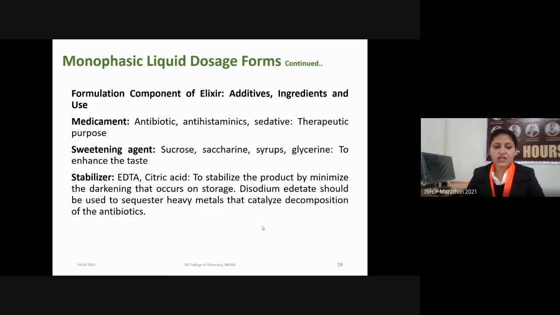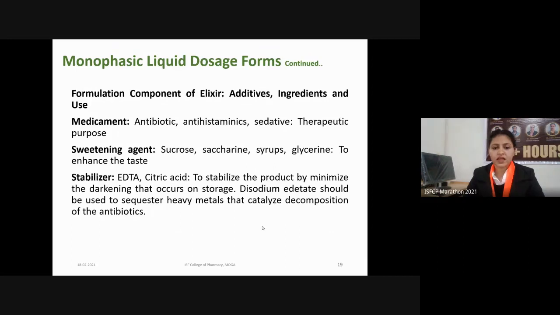The next excipient is stabilizer. EDTA and citric acid are the stabilizers that we can use in the preparation of the elixirs. And why is there a need for a stabilizer? Because the stabilizer helps us to stabilize the product by minimizing the darkening that occurs on storage.